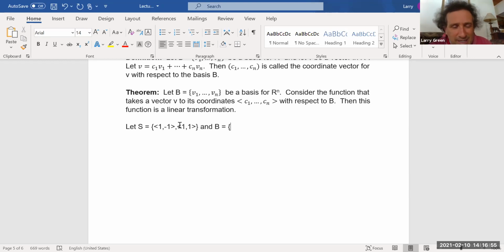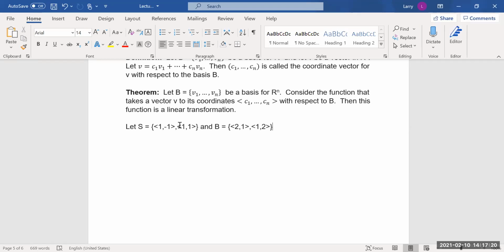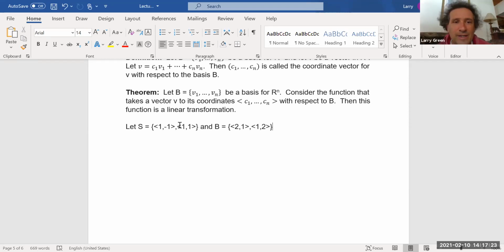How about (1, 0), now let's make, that's too easy, how about (2, 1), (1, 2). Is that a basis for R2? Yes. So we have different bases for R2.